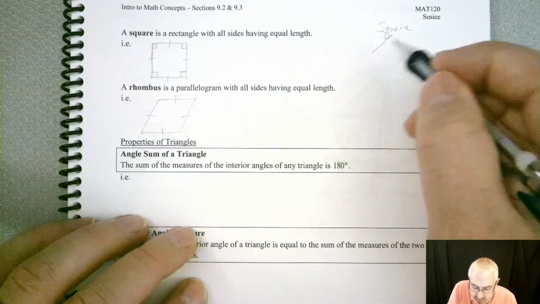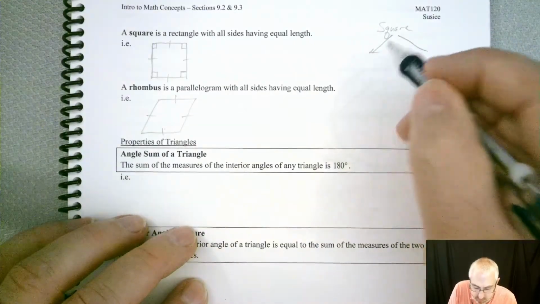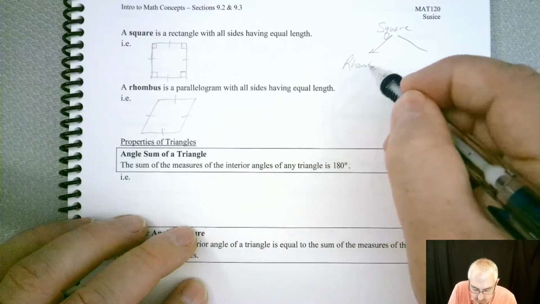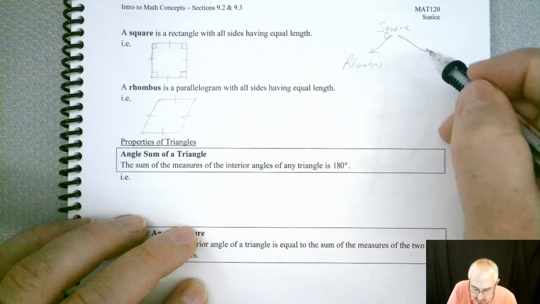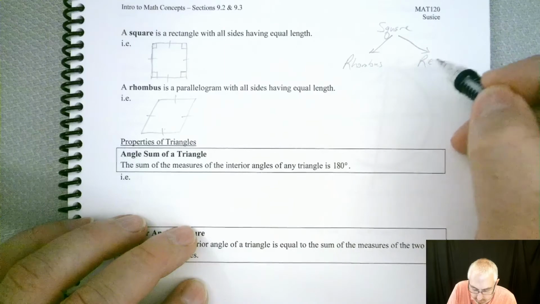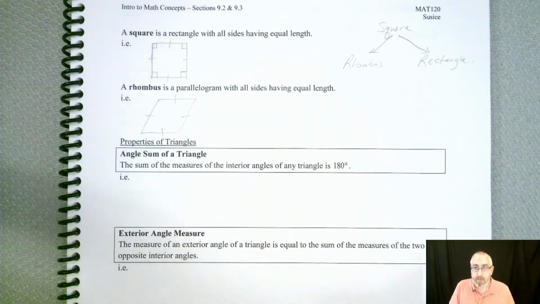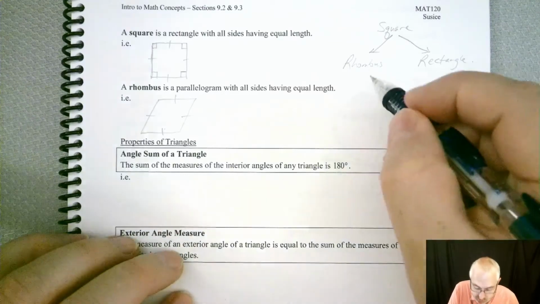From there it branches and it goes down to a rhombus and a rectangle. So that's the next step down of specificity. It's not quite as specific as a square, but it's more specific than what's below it.